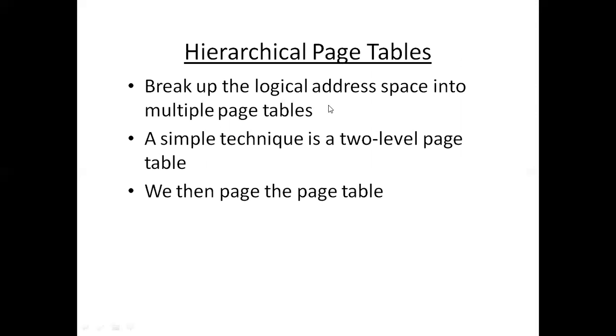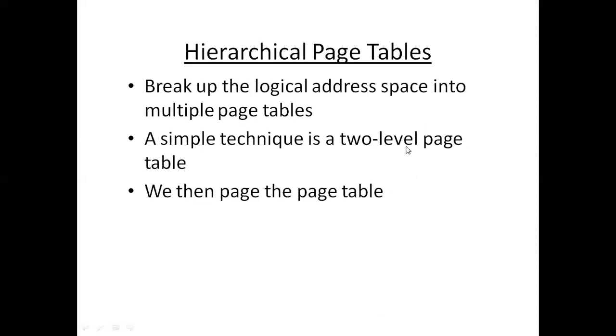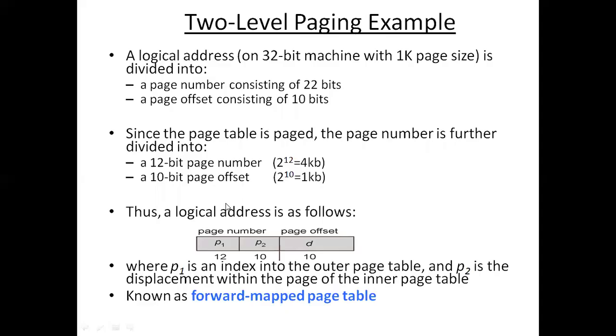So why don't we create a relationship such that the logical address space is broken into multiple page tables? The simplest technique is two-level paging. Instead of having one level of page table, why don't you break it down into two levels of page table?